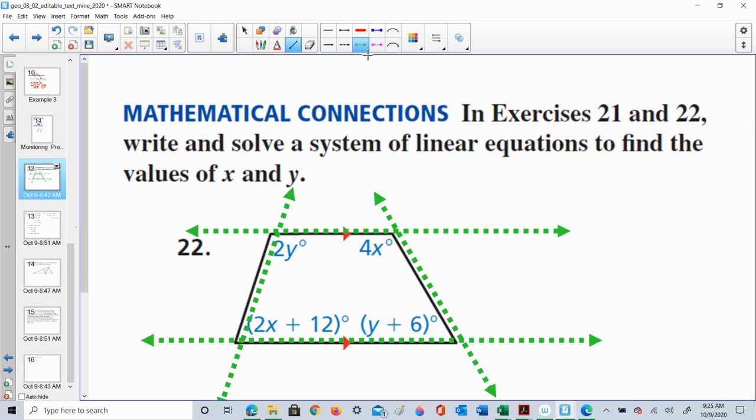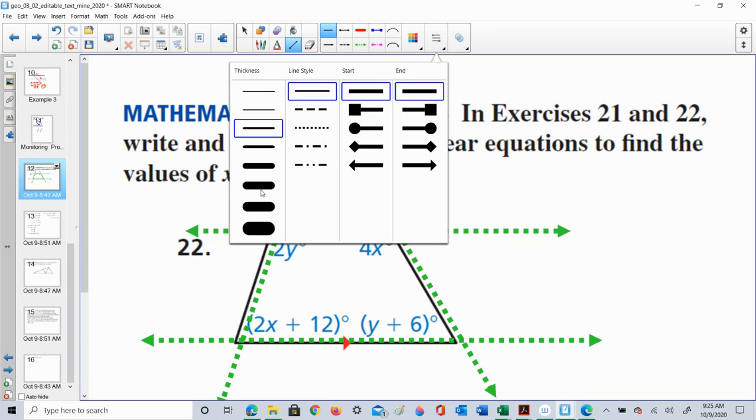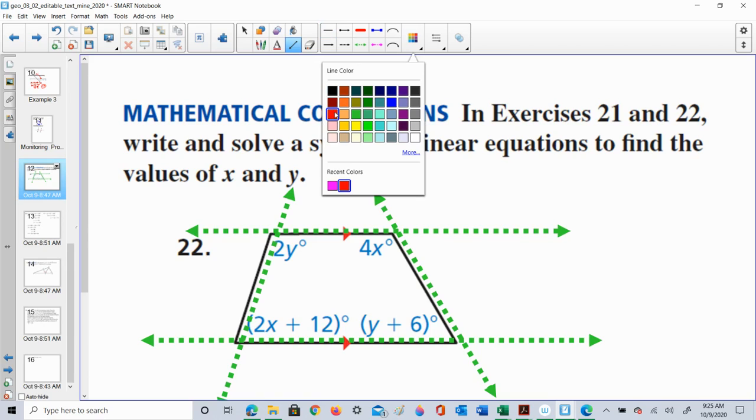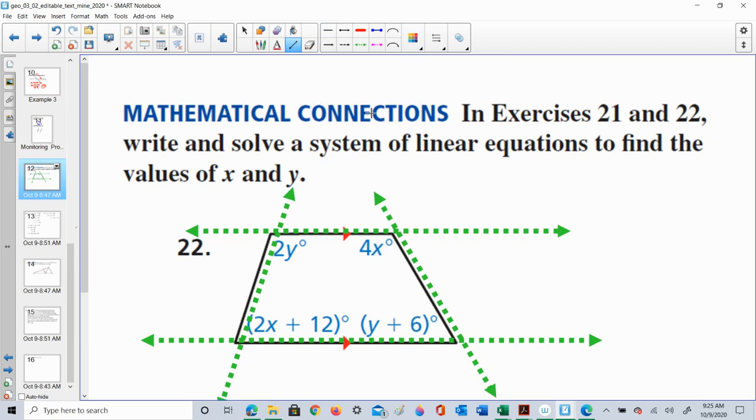If we divide this down the middle, I have an expression on the left side with two parallel lines cut by a transversal, and I have one on the right side, two parallel lines cut by a transversal.